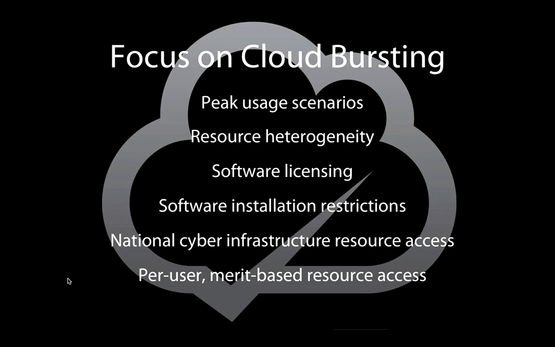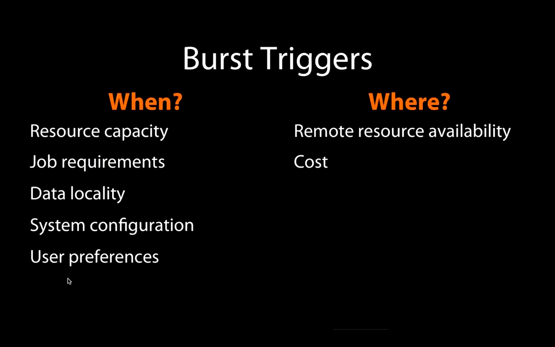One aspect of this, and what I'm talking about for the rest of this, is cloud bursting, and how we can leverage things that have been developed over the last year or two to make cloud bursting happen. There's a number of motivation scenarios that overlap with general cloud systems.